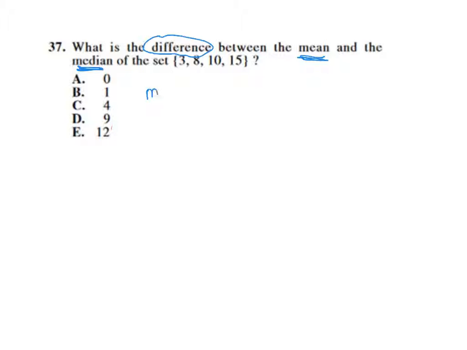So the mean is another way of saying the average. We want to add all the numbers together, 3 plus 8 plus 10 plus 15, and then divide by the number of numbers we added together, so divide by 4. 3 plus 8 is 11, plus 10 is 21, plus 15 is 36.